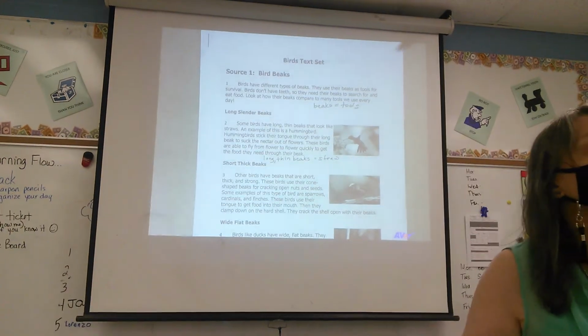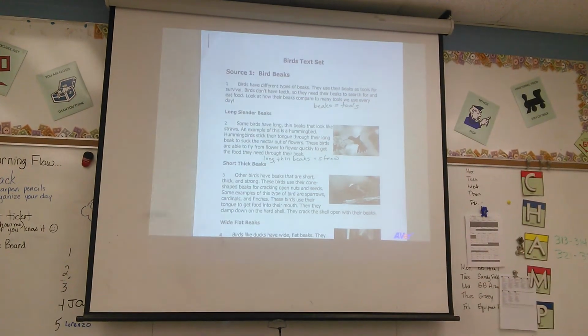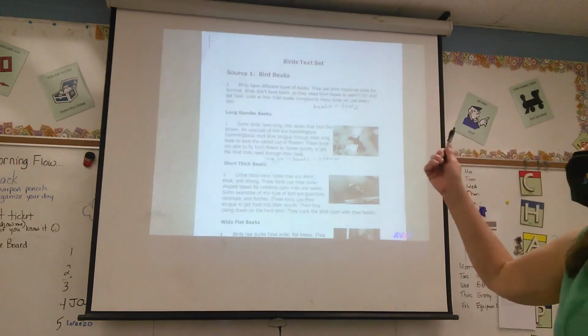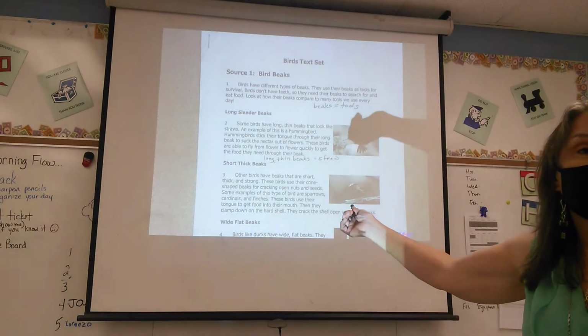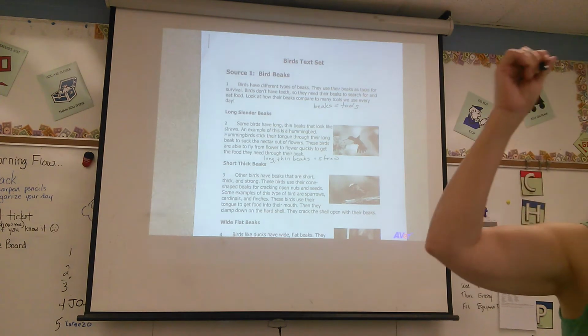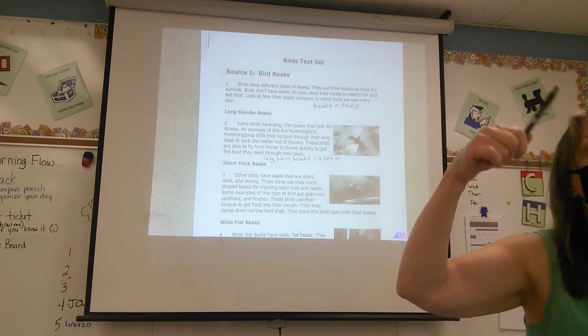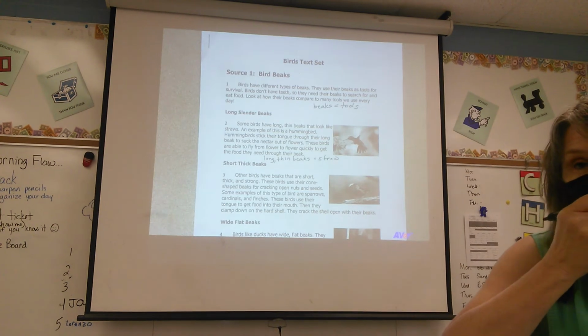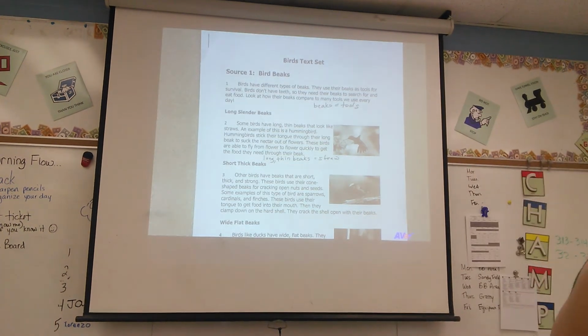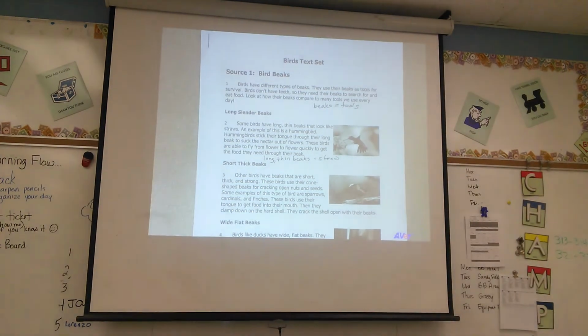Okay, so let's now try to write together a main idea sentence. We know it's about the bird's beaks. We know that the bird's beaks help them to get food in order to survive, right? We also know that they're specially designed, right? So does anybody want to give it a try with the main idea sentence about the beaks?